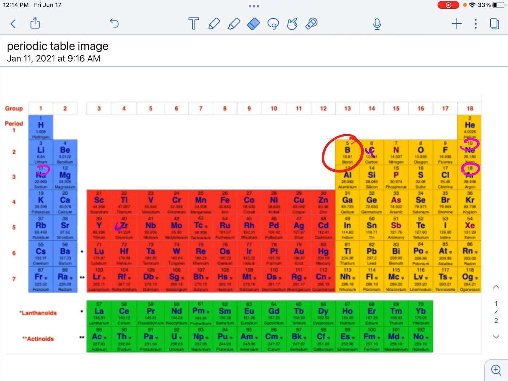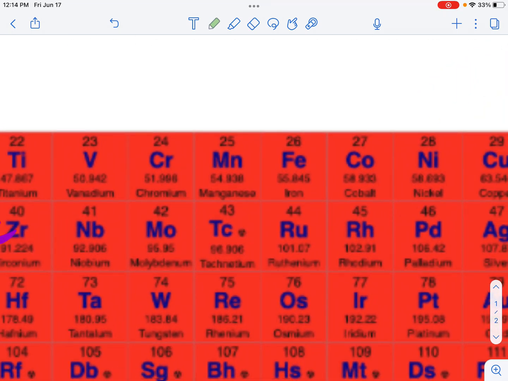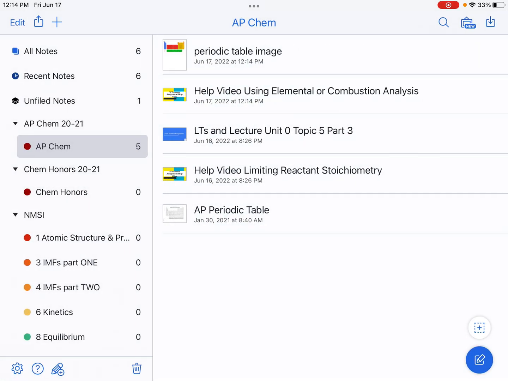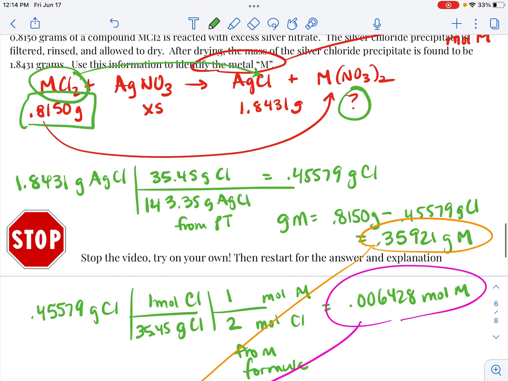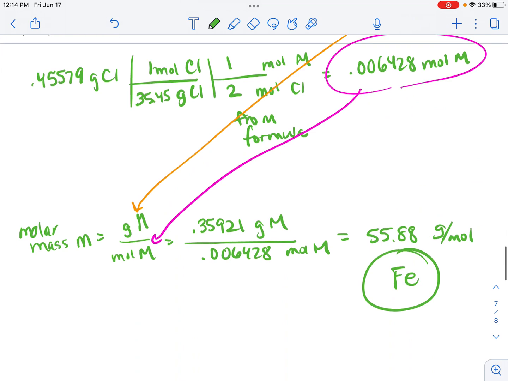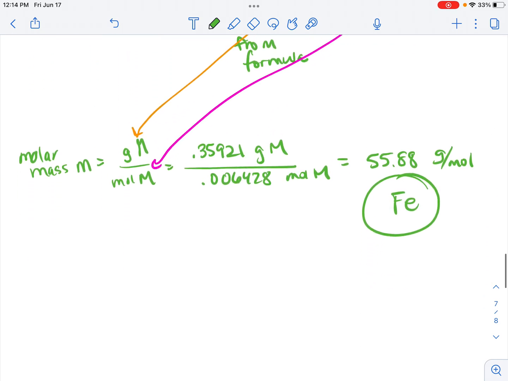Clear this all off so that we can see what we need to see. And I see that iron is 55.845, cobalt is 58, manganese is 54. I think this is iron. So I can come back here and say, I know this is iron. And I've identified the metal as M. And in the compound it would make sense because iron can be iron(II).